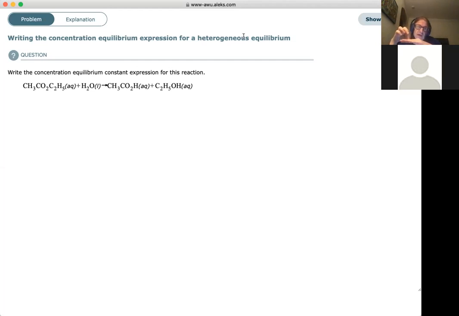The metal acts as a catalyst to react the gases, and the reaction occurs on that surface. Because the metal is a solid and the reactants are gases and the products are gases, that's what we would call heterogeneous chemistry. The reaction is occurring between materials that have different states of matter.